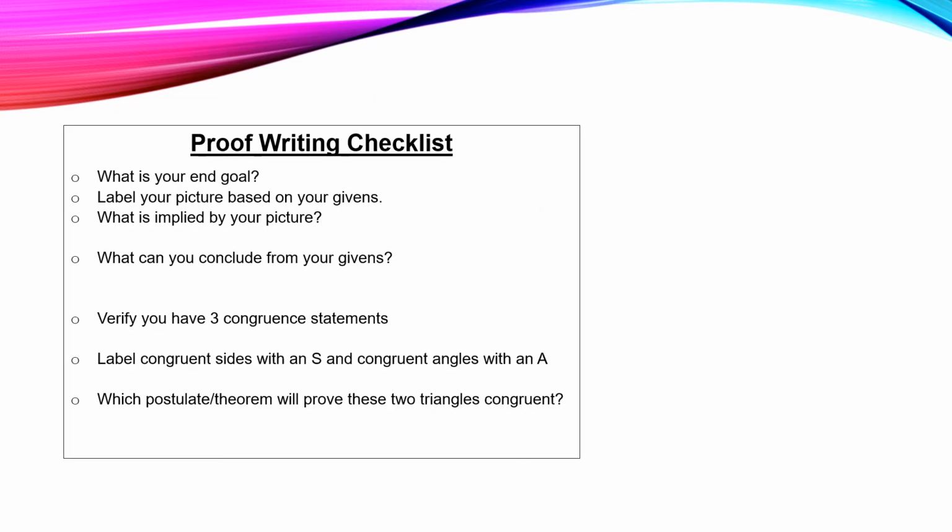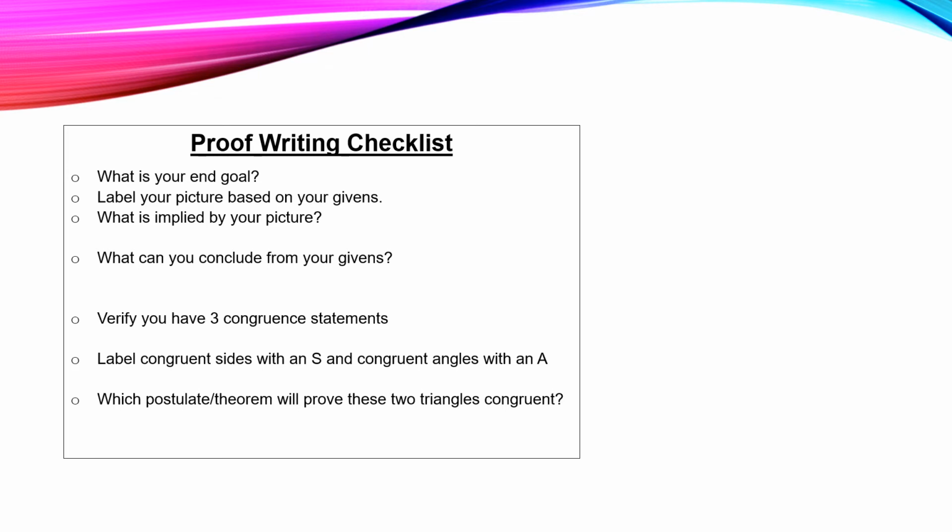So, a proof writing checklist. The main thing that you need to remember is what your end goal is. Your end goal is your proof statement. You want to label your picture based on your givens. So if they give you an angle that is congruent to another angle, label that on your picture. What can be implied by your picture?